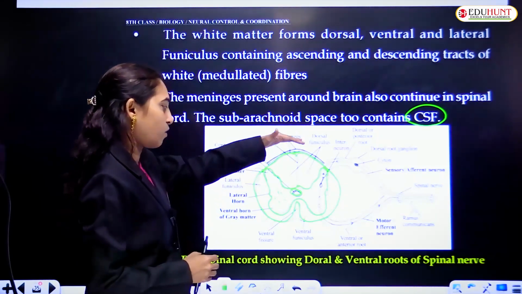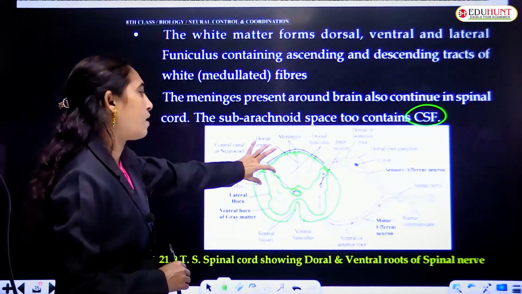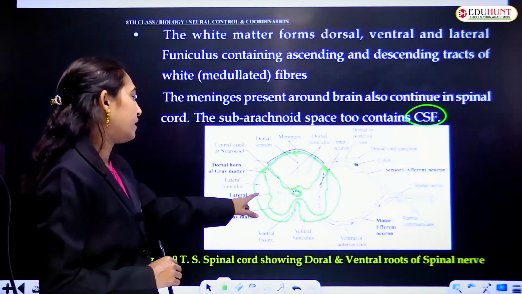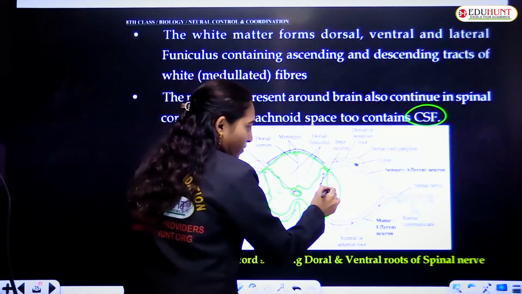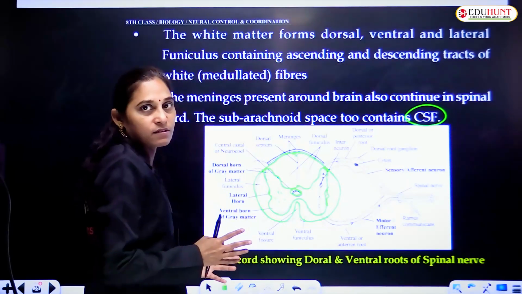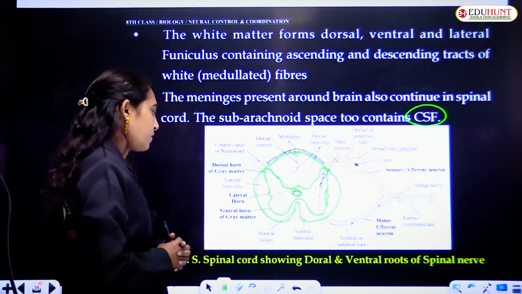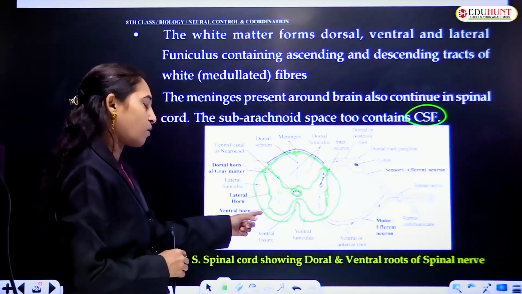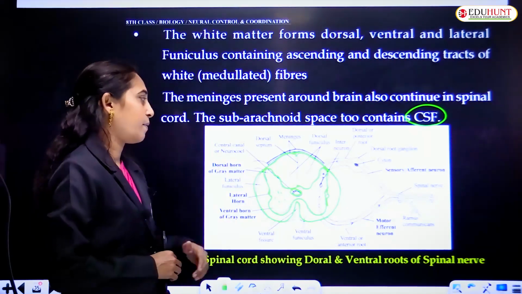This is the dorsal side and this is the ventral side. You can see the dorsal horns, ventral horns, and even the lateral horns, small protuberances, projections coming from the lateral side of the grey matter. These are the ventral horns of the grey matter, and these are the dorsal horns.